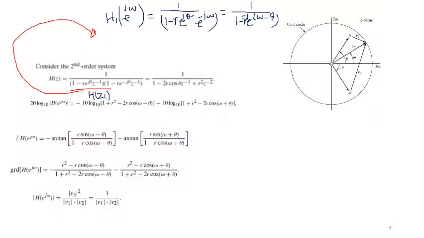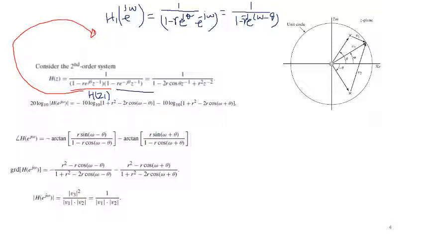Let's denote this one by H1(z) and this one by H2(z). So we can write H1(z). We replace z by e^(jω), so it will be 1 over 1 minus r e^(jθ) times e^(-jω).